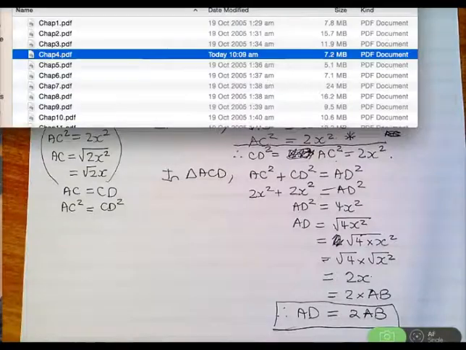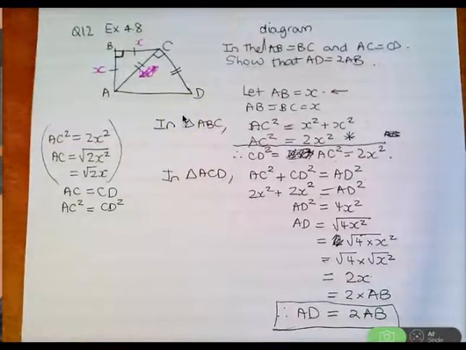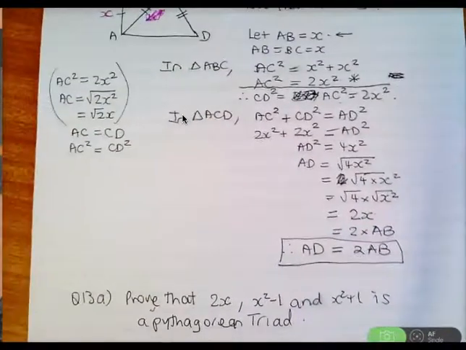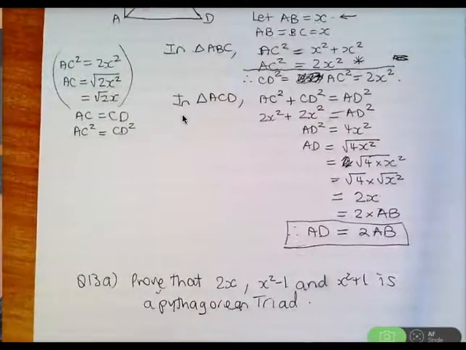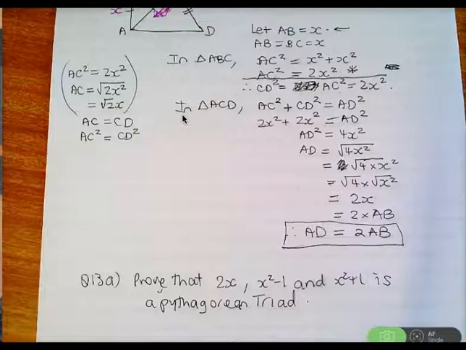It's okay. Question 13's down here. Have the girls that have just walked back in written the top bit? That's question 13. Prove that 2x, comma, x squared minus 1 and x squared plus 1 is a Pythagorean triad.